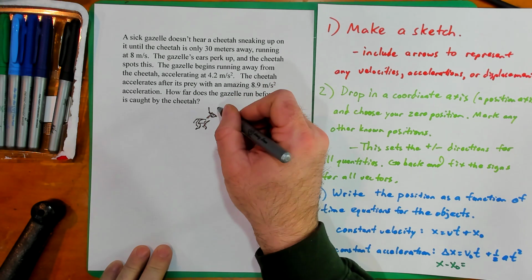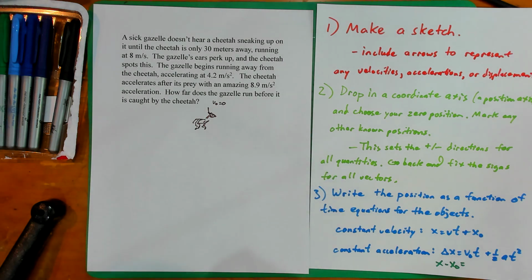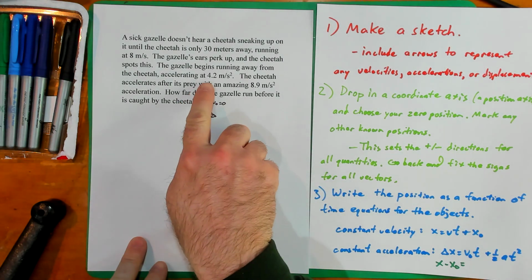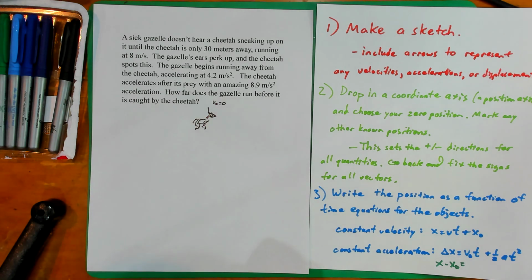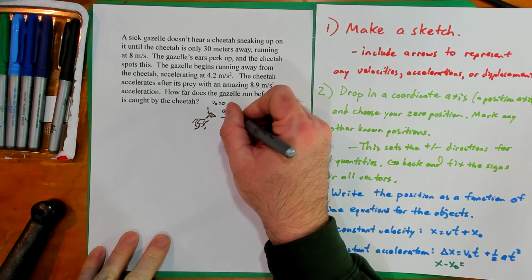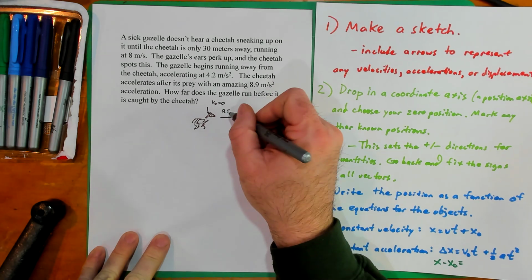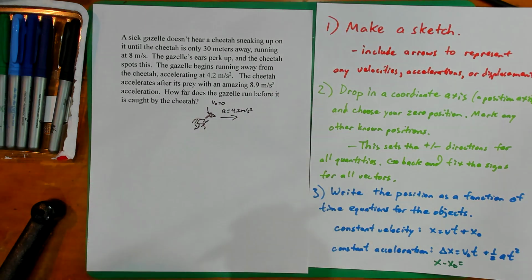So it's gonna start with an initial velocity of 0. And when it runs, it's gonna have an acceleration. It's gonna start running away from the cheetah. So it's gonna start moving to the right here in this picture. It starts moving that way. It's going to have an acceleration to the right of 4.2 meters per second squared.